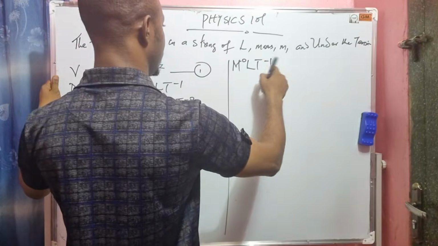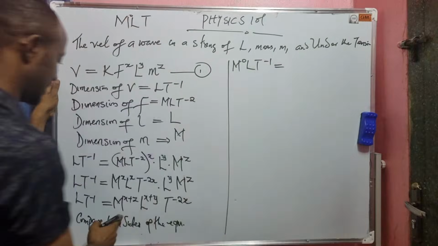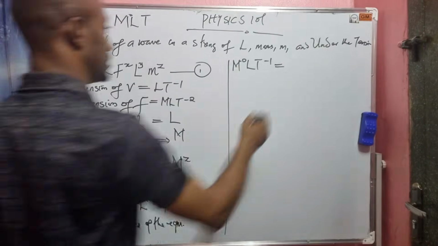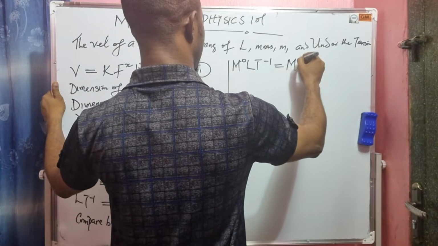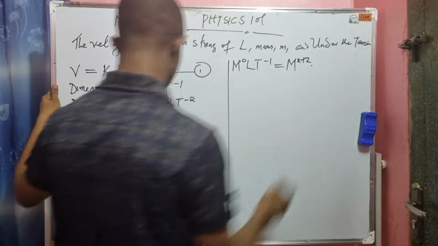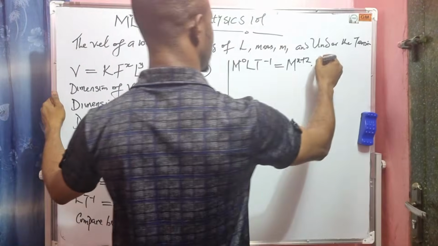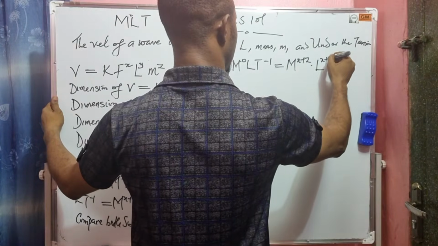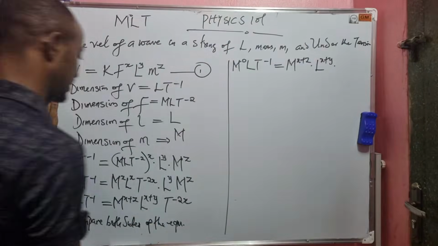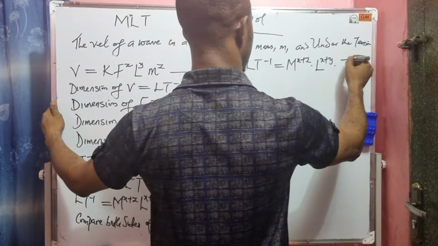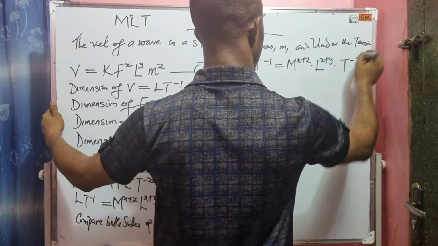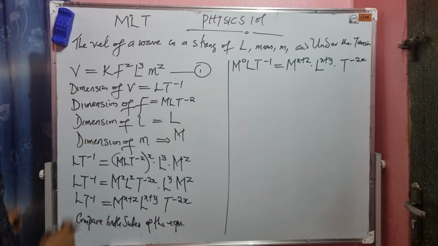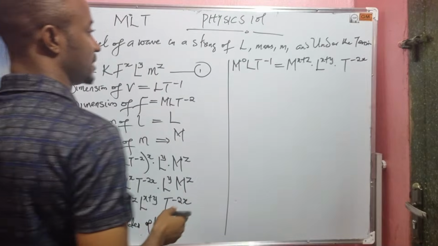So here we have m to the power of x plus z, l to the power of x plus y, t to the power of minus 2x.